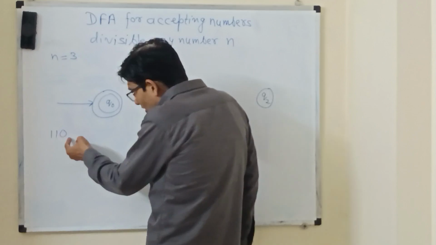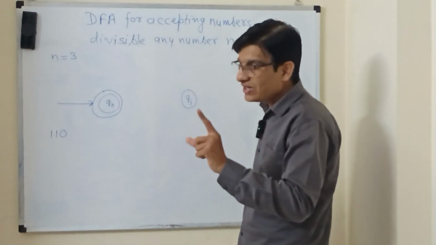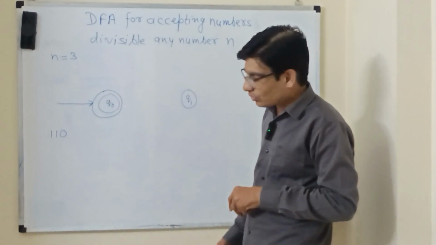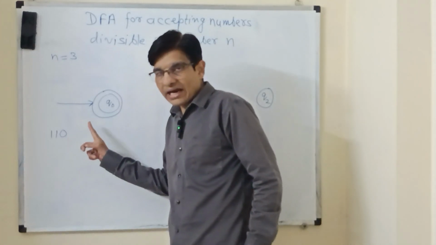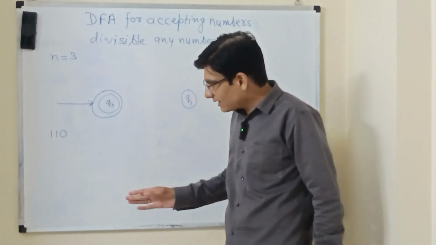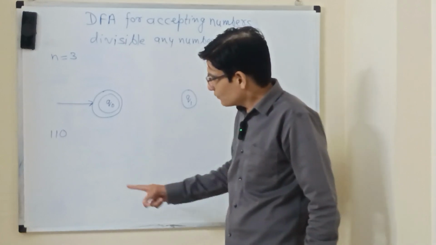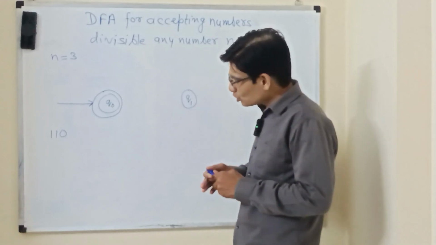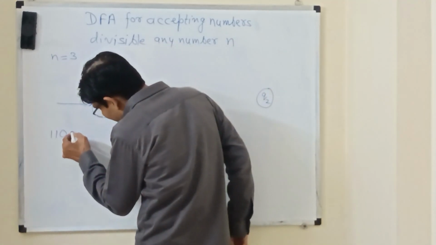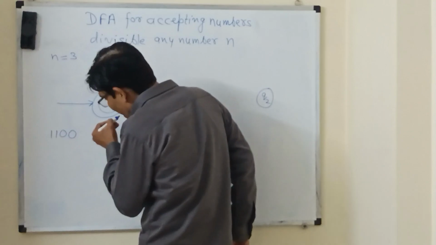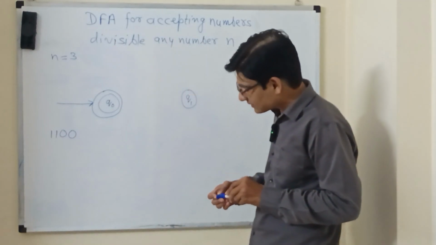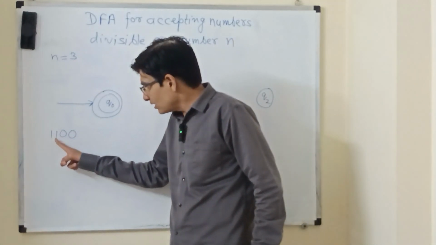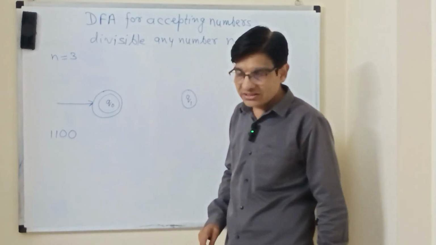Now on this number we can apply only 2 digits: 0 and 1. If we apply 0 on this number, we are adding one more 0 at the right hand side, so it becomes 1100.